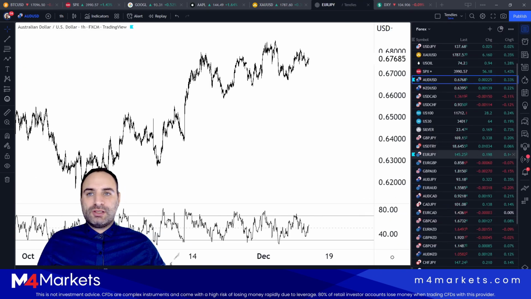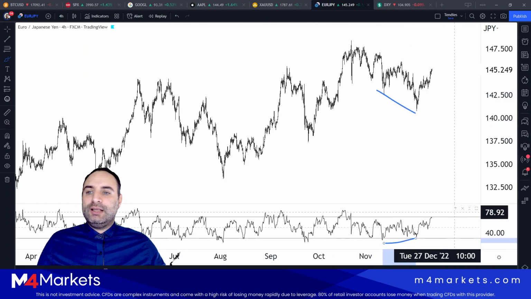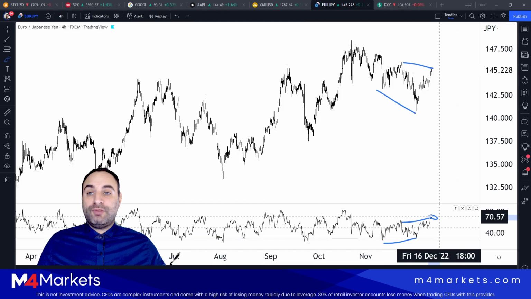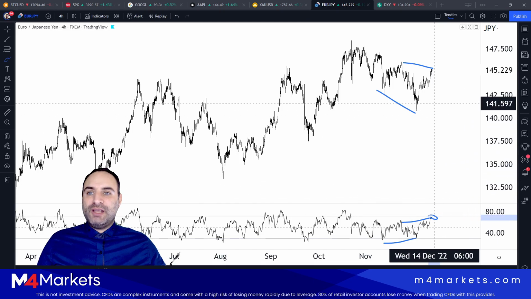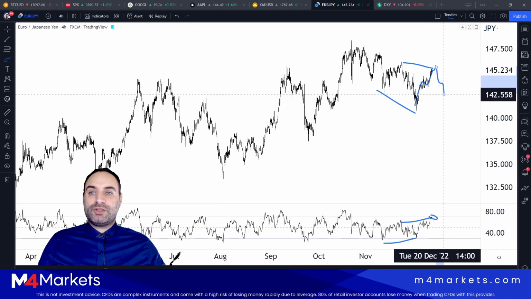Euro Yen again on the other side. I want you to see this signal over here, and at the same time we do have a signal here as well, right? We cannot ignore that, and we have actually reached an overbought level here. What this means is that there is a chance that since we're overbought over here, we are going to start moving lower.